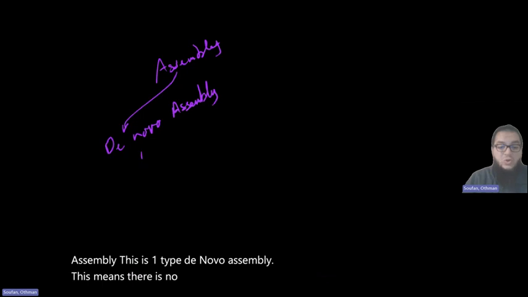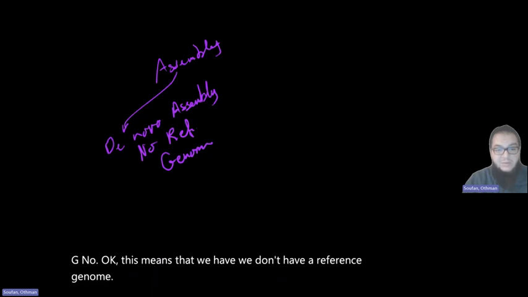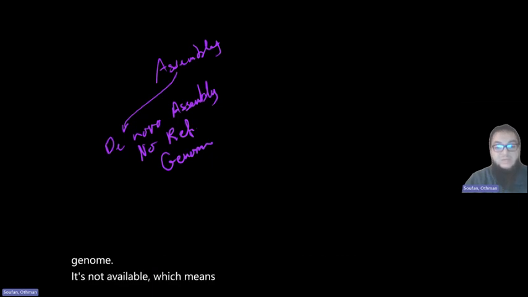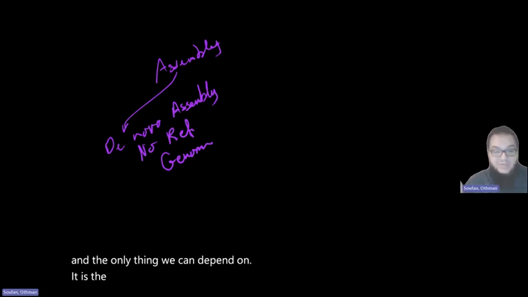This means there is no reference genome. We don't have a reference genome available, which means the assembly is done from scratch, and the only thing we can depend on is the overlaps between sequences. That is de novo assembly.